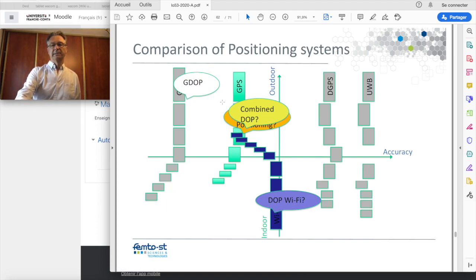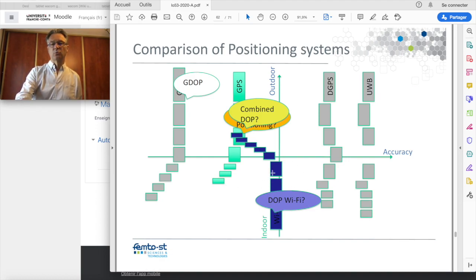So for GPS, it's better outside, but it also sometimes works a little bit near the outdoor, if you are near a window, for example. But when you are very inside the building, it will not work anymore. It will stop before the GSM, for example.